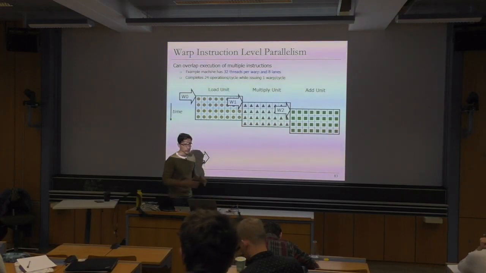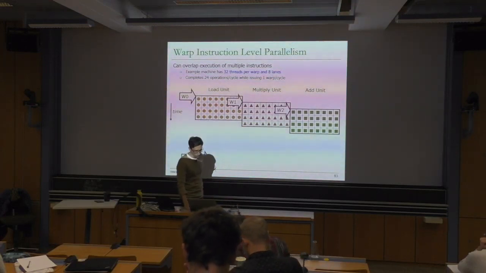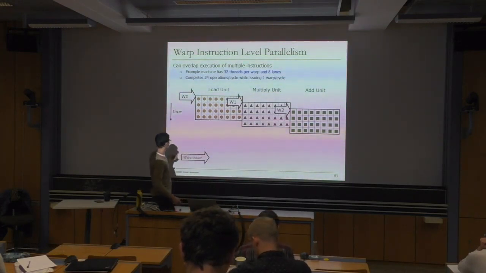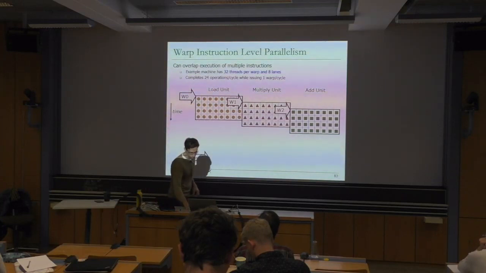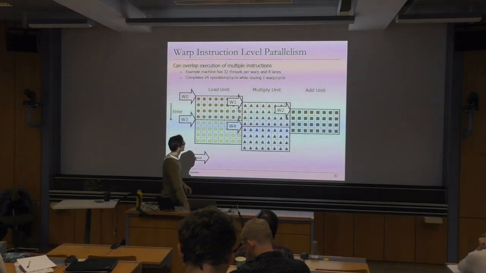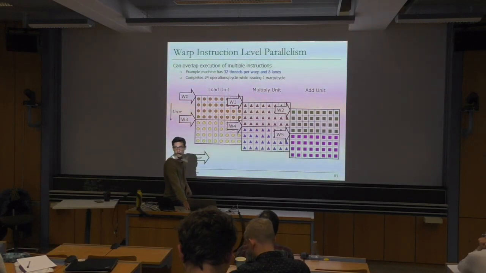But observe that conceptually it's exactly the same as we have seen for vector processors. Now, instead of talking about vector instructions, we talk about instruction issue for warps. Okay? Any questions here?